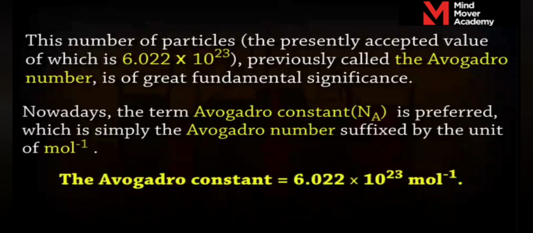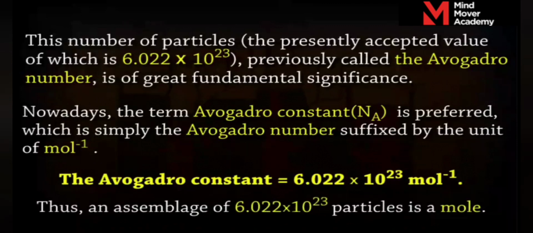The Avogadro constant is equal to 6.022 into 10 to the power 23 mole^-1. Thus, an assemblage of 6.022 into 10 to the power 23 particles is a mole.